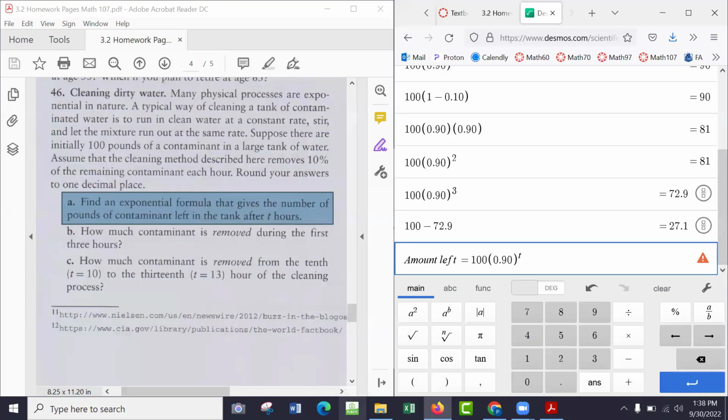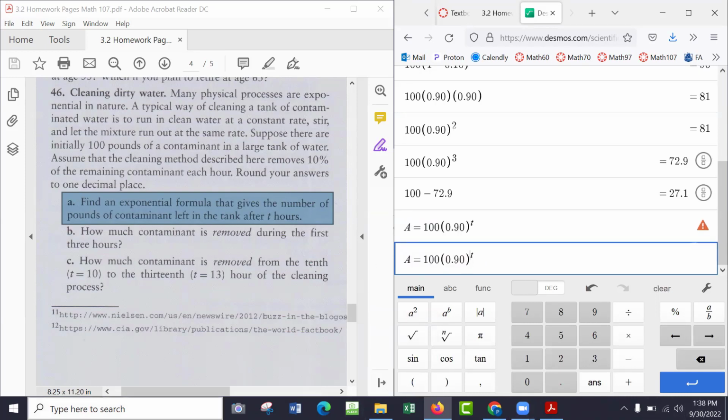Or if you wanted to give amount remaining a letter, let's call it A, right? So the amount remaining in the tank is A. So A equals 100 times 0.90 to the power of T. And of course, that's one way of writing the formula. You could also write it like this: 1 minus 0.10, because we're removing 10% each hour, right?